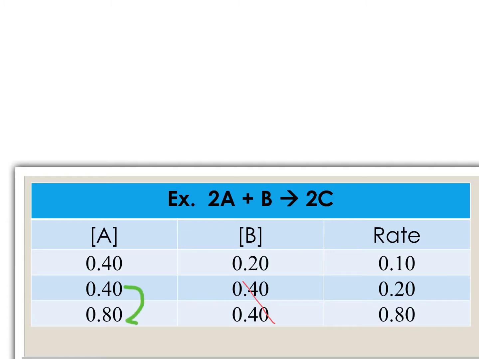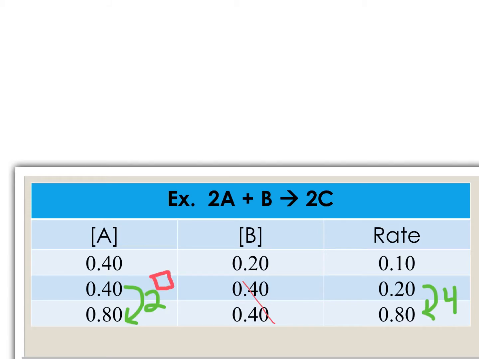So from here to here, I doubled the concentration of A. That's the only thing that changed, so this must be the cause of a change in rate. My rate changed by a multiple of 4. And now where you find your order is from the exponent.